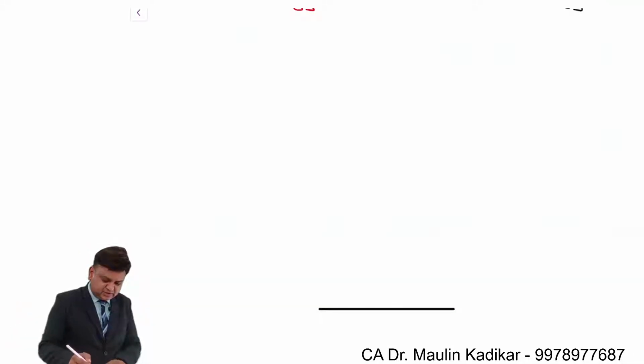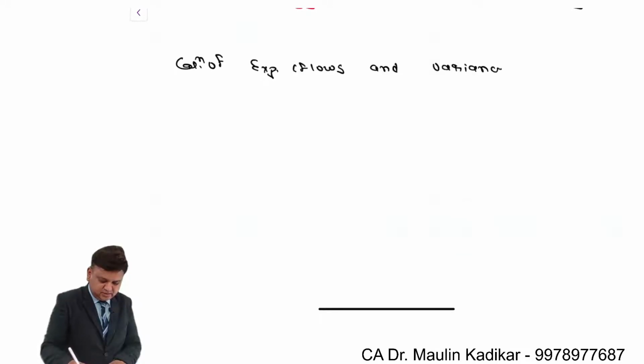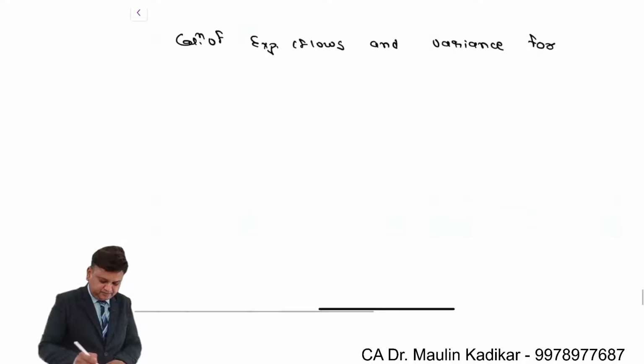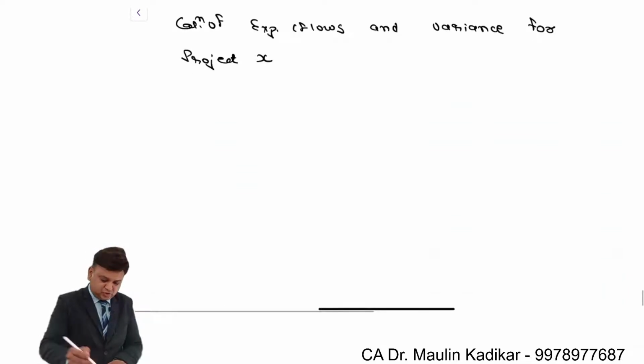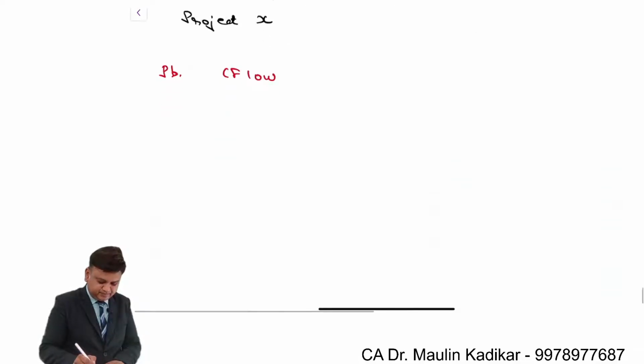So friends, answer of the question would be like this. Calculation of expected cash flows and variance for project X. So column number 1 will be probability, column number 2 will be cash flow, assigning X variable to it.